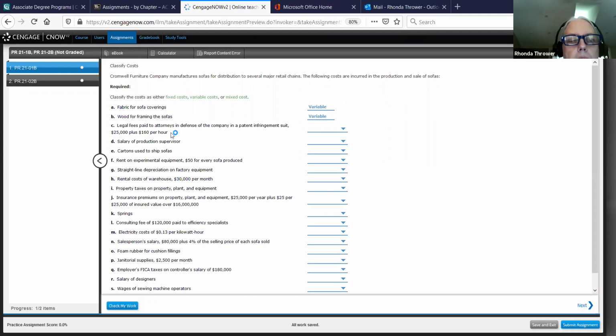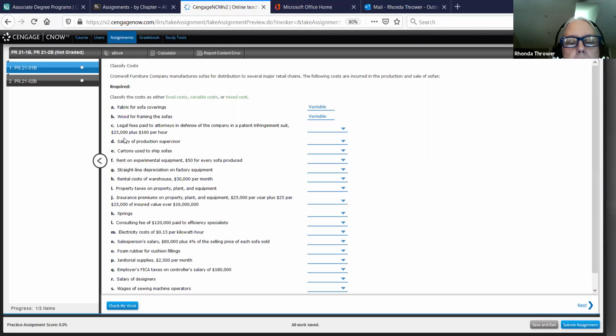In part C, we have legal fees paid to attorneys in defense of the company's patent infringement suit. The legal fees are $25,000 plus $160 per hour.